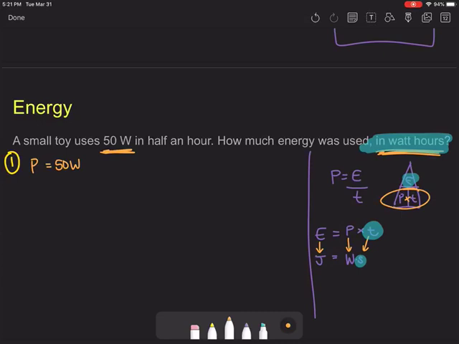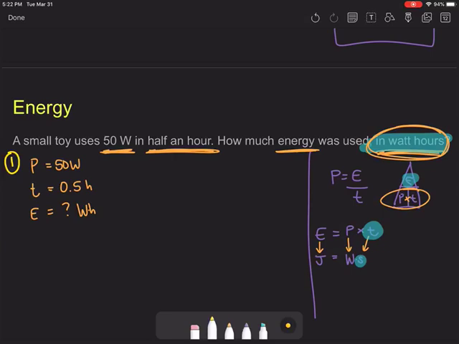And we have that in half an hour. So half an hour is 0.5 hours, which is a measure of time. And we want to figure out our energy. We don't know what that is, but we want it to be in watt hours.